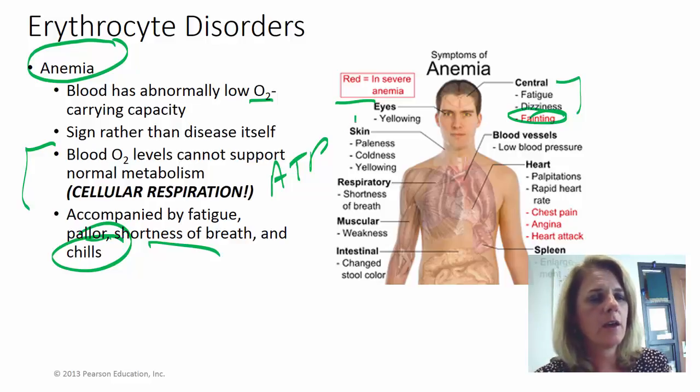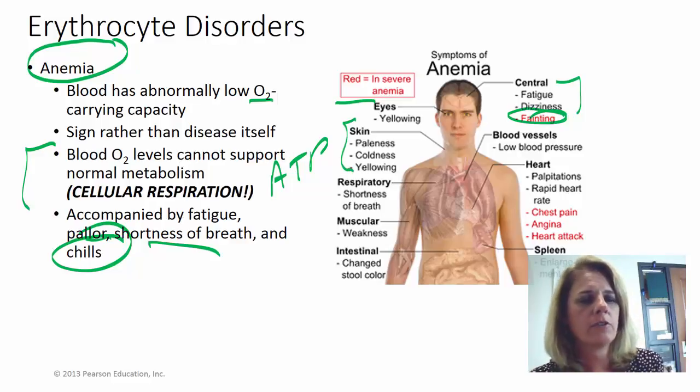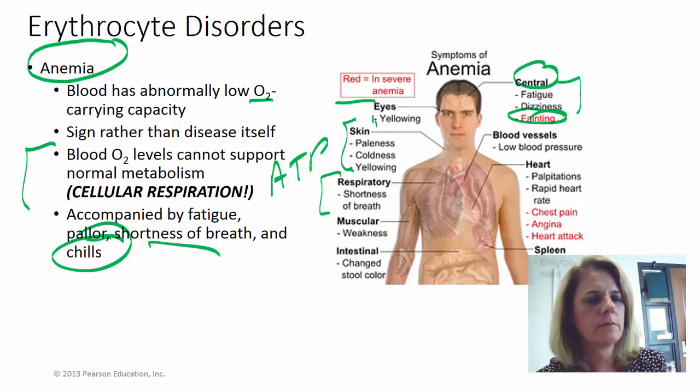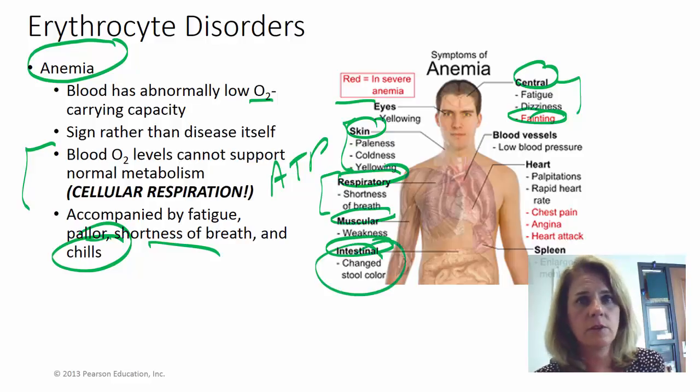Your skin could be cold and clammy and maybe partially yellow or pale. You could be short of breath, your respiratory system. So look at all these systems. Nervous system, integumentary system, respiratory system, muscular system. If you're fatigued, you're weak. Intestinal: you could have a change in stool color. Remember that bilirubin again. It turns into stercobilin, which gives your feces the color. So anemia could change your feces.